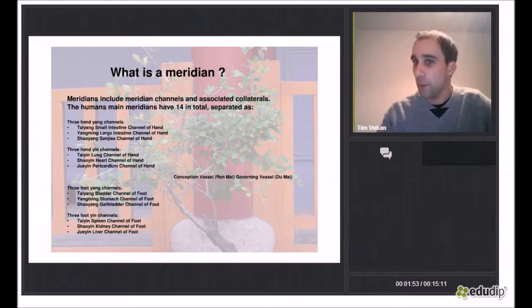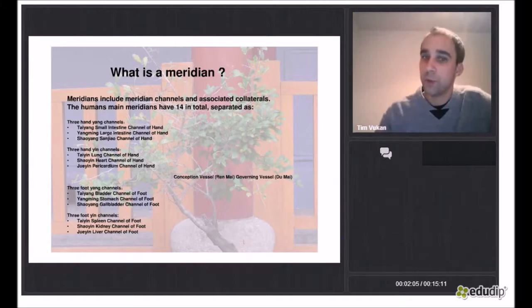Of course, we have many more extraordinary meridians, but today we first talk about the 12 main meridians in front of you, plus two extra meridians called the renmai and the dumai, the conception vessel and the governing vessel. These 12 main meridians can be divided into yang and yin channels, into hand and foot channels.